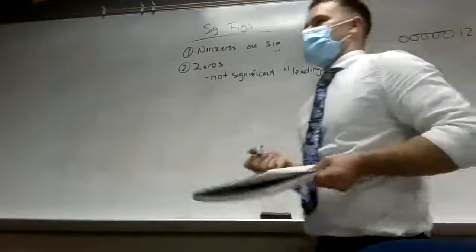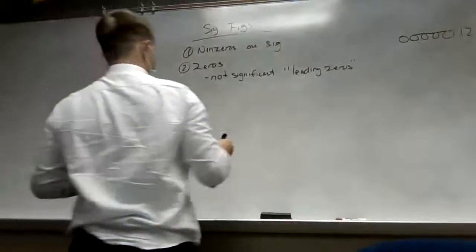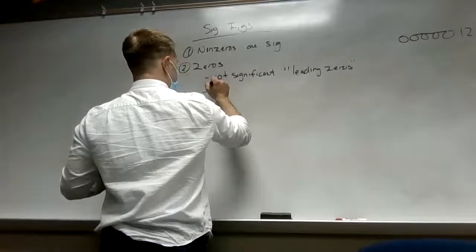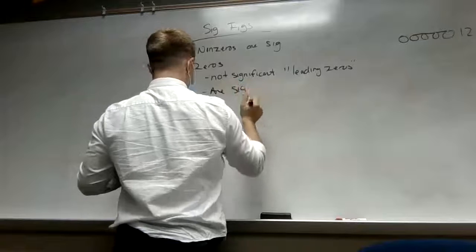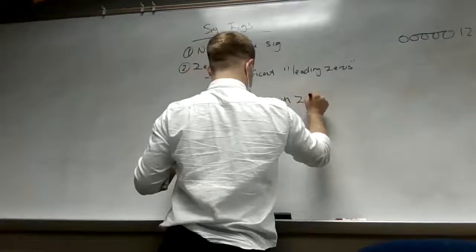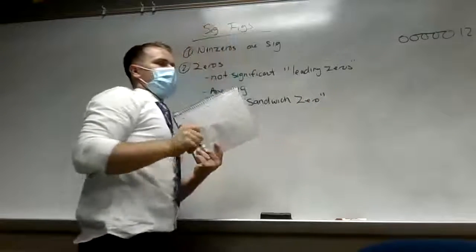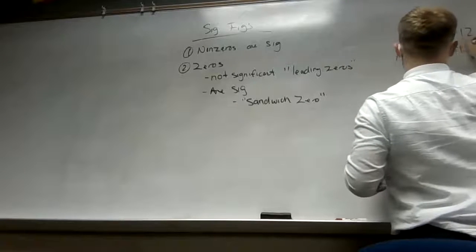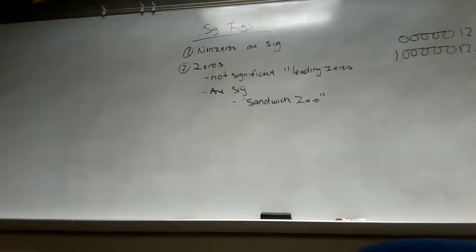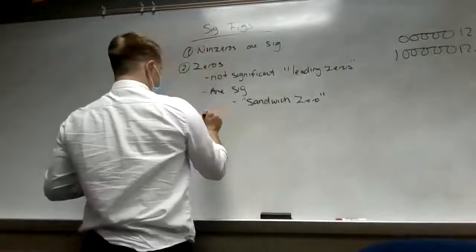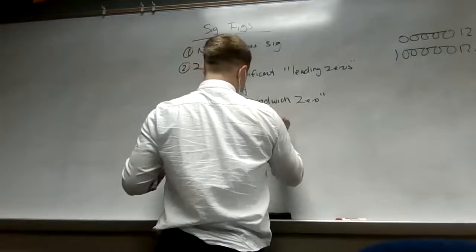It doesn't make them significant. They are significant when they are, quote, sandwich zeros. So if they are between two non-zeros, they're significant. So if we had 1, 0, 0, 0, 0, 0, 1, 2.4, all of those numbers are significant because your non-zeros are significant and your zeros between two non-zeros are significant.